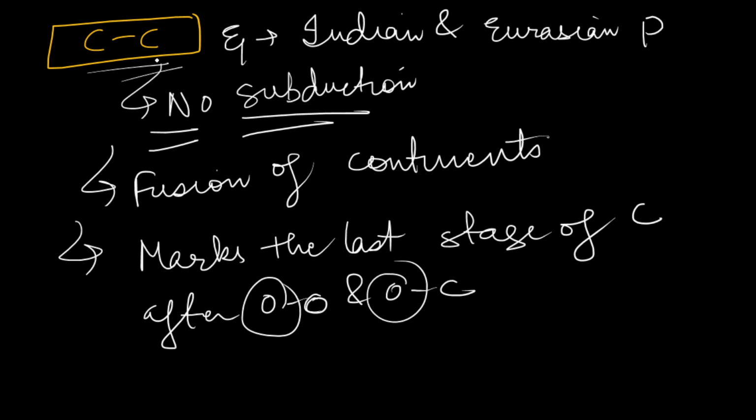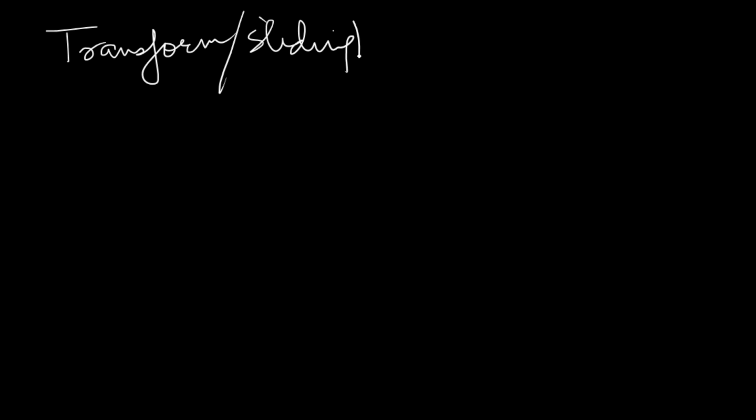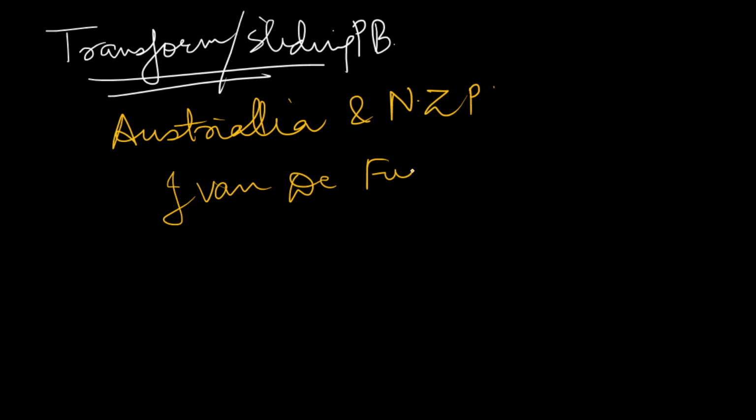Now the next one is the transform or sliding plate boundary, and this you can see in the Australian and New Zealand plate. So another example could be Juan de Fuca and North American plate.